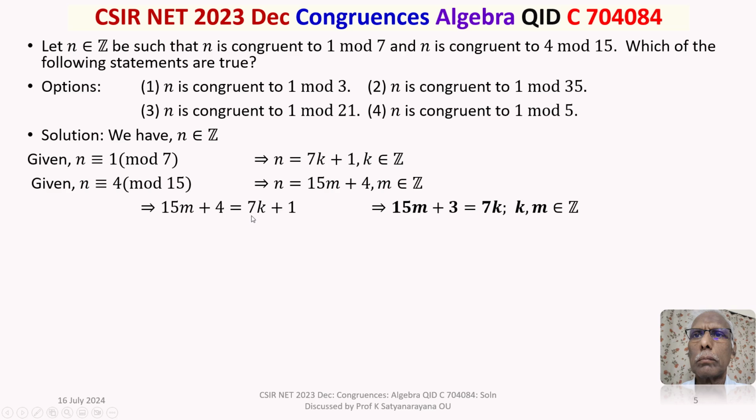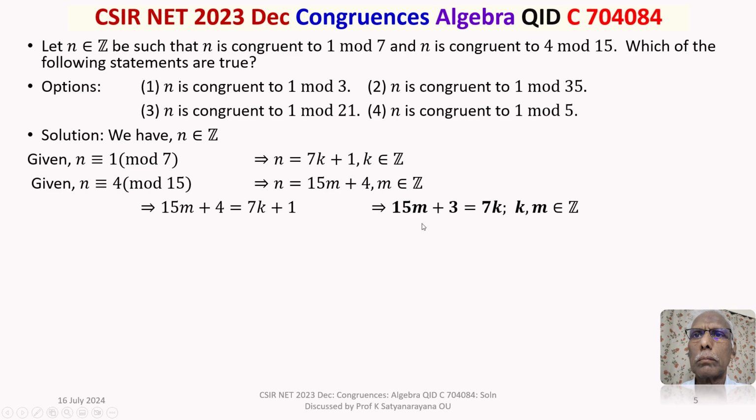They are equal, so that implies 15m plus 3 is equal to 7k, where k and m belong to Z. There will be several values of k and m.